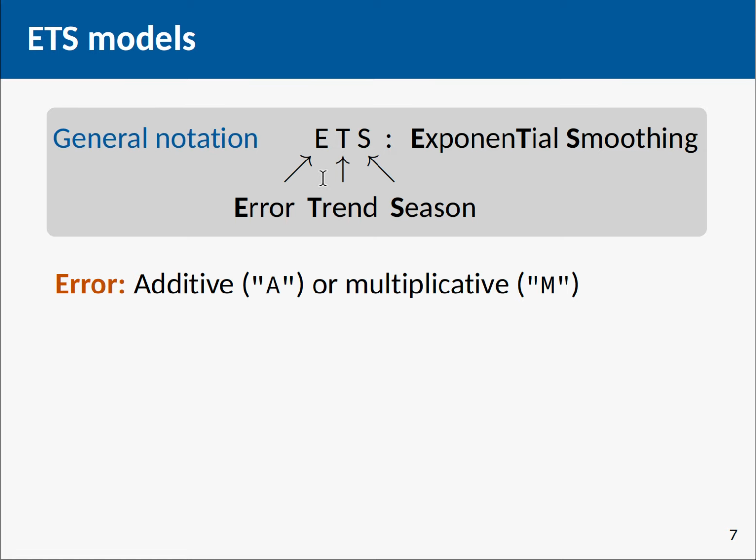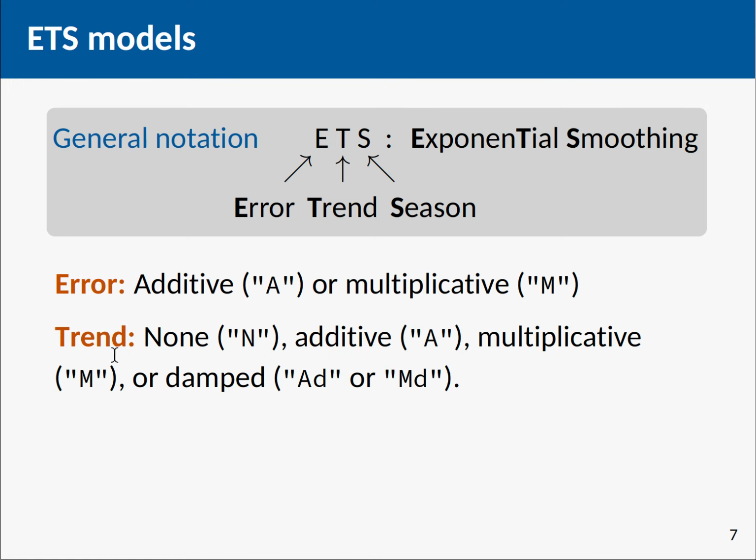And then what is going on with the trend component and the seasonal component. So ETS, right? So error, trend, season. And for the error, typically in models, we would have an additive component or a multiplicative component. So we're going to denote additive by A and multiplicative by M.